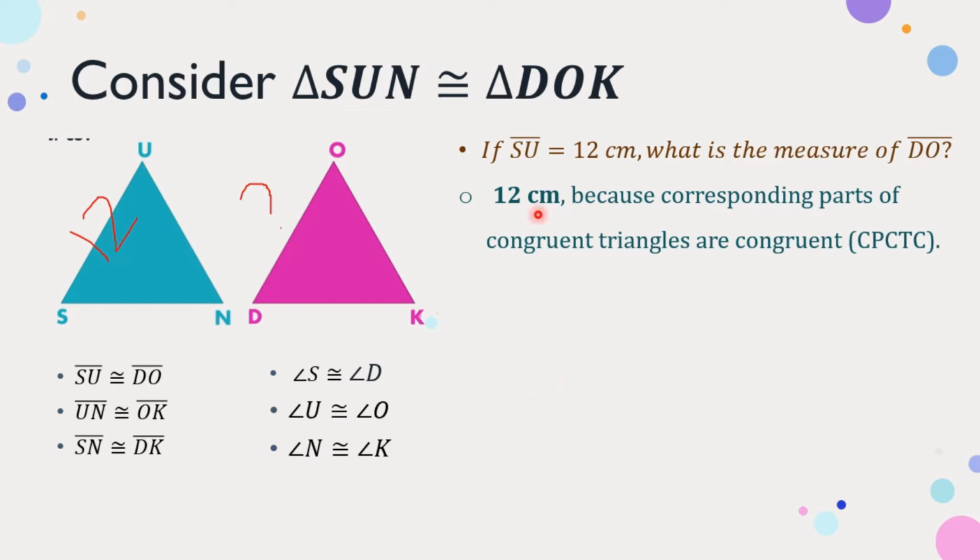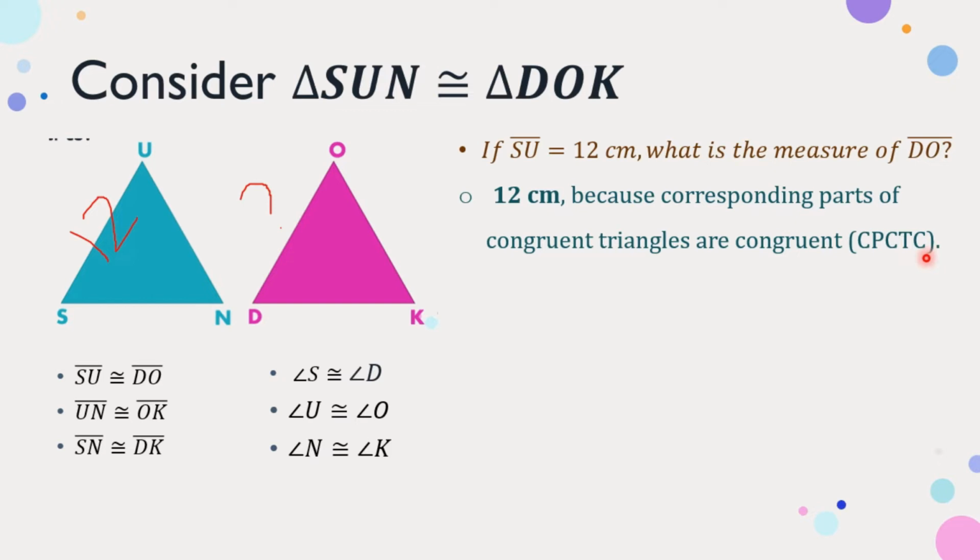So, meaning, 12 cm din po si DO. What's the reason? Kasi po, corresponding parts of congruent triangles are congruent. Always remember CPCTC. Corresponding parts of congruent triangles are congruent.